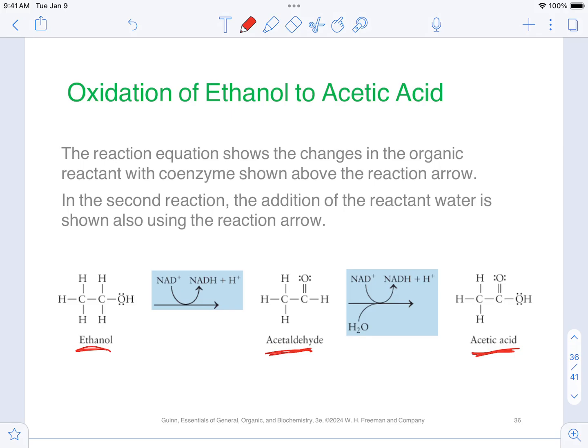Your ethanol is our primary alcohol, as we can see right here. Your acetaldehyde is your aldehyde, and your acetic acid would be your carboxylic acid.